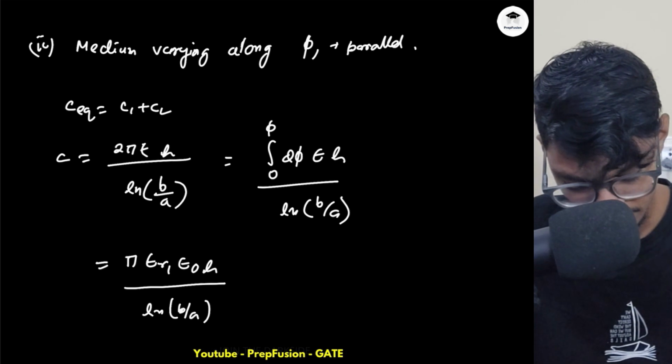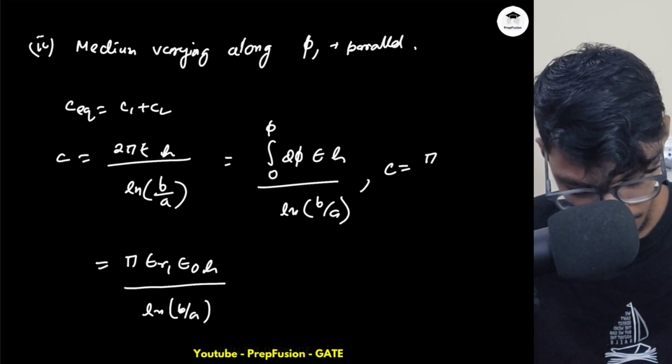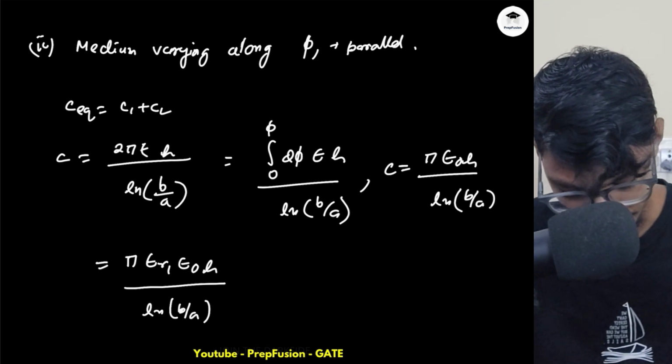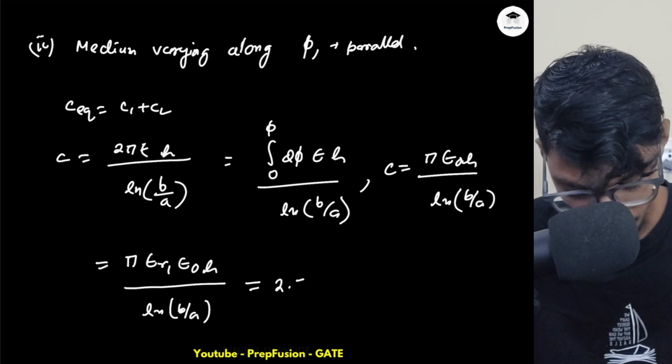Again I can write something as C. C will be pi epsilon naught h by ln b by a. So this is simply epsilon r1 is 2.5, right?